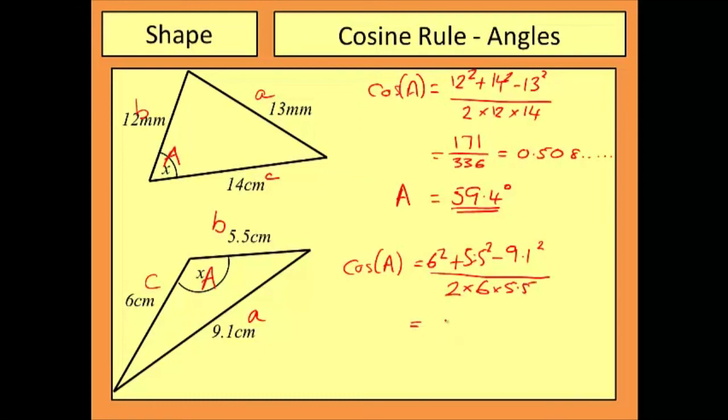This whole line will tidy up to, and be careful here, this is negative 16.56 divided by 66. Again, just be careful, this is not the angle itself, this is the cosine of the angle. This will give me negative 0.25 and some other things beyond that. When I do the inverse cosine of that, it gives me a value for my missing angle of 104.5 degrees.